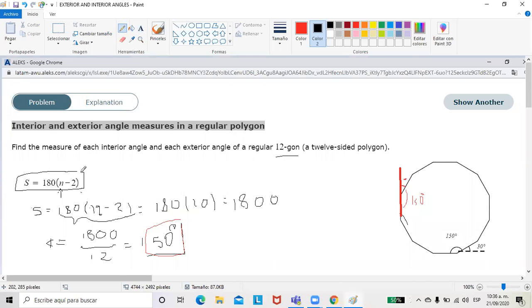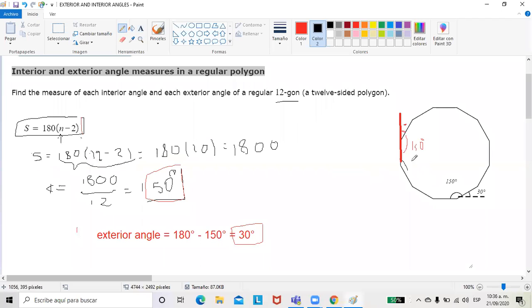We don't know the number of sides, but we can use the formula. This formula is for all polygons. It doesn't matter if they are regular or not. When they are regular, it means that all the inner angles and the sides have the same measure.